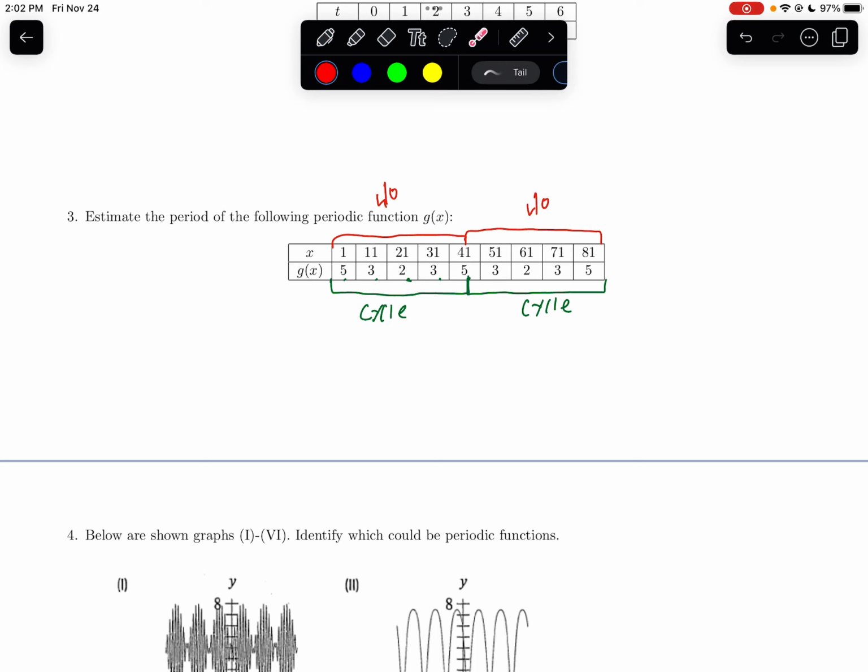So because you have a cycle that repeats and the time it takes to do that is constant, it's 40 and 40, it's a periodic function. And that actually tells you what the period is. It's 40. Because it's the length of a cycle, and because it's a constant value here, the function is periodic, and this is the period.